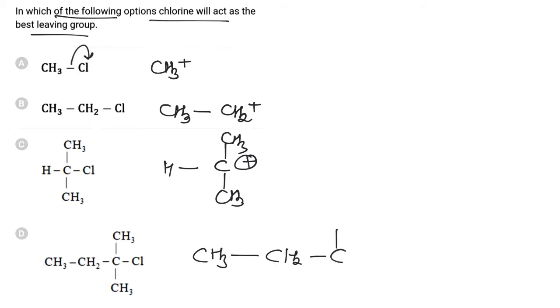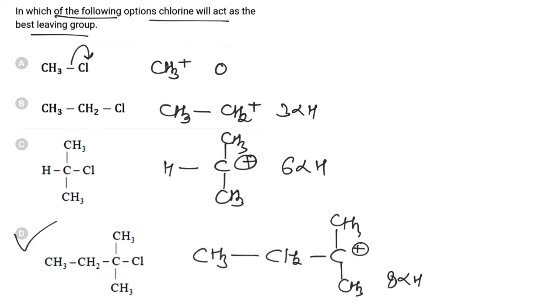Now among these carbocations, the most stable carbocation is formed in the fourth case, having 9 alpha hydrogens. The others have only 6 alpha hydrogens, 3 alpha hydrogens and 0 alpha hydrogens. So the leaving group ability of Cl negative depends on the stability of the carbocation formed. The most stable carbocation is formed in the fourth option, and hence the correct answer is D.